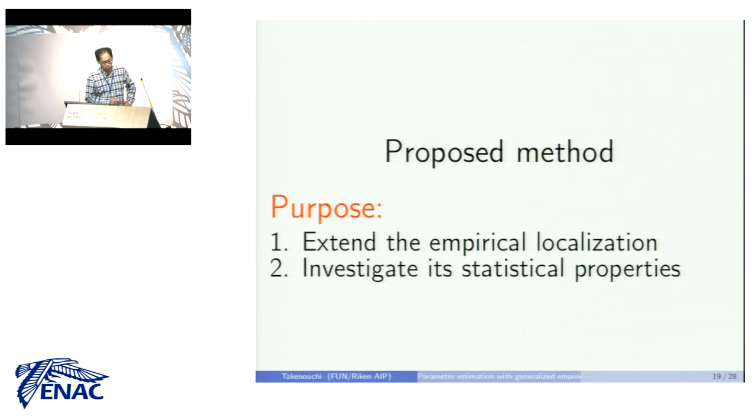Okay, this is an existing method. And in this talk, I propose an estimator by extending the concept of the empirical localization. And I will investigate the statistical properties of the estimator.